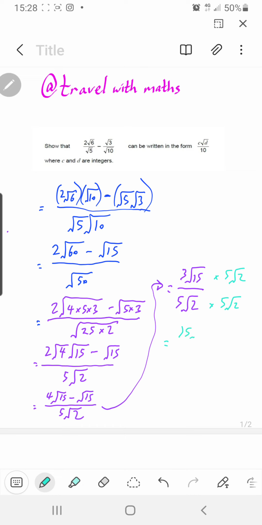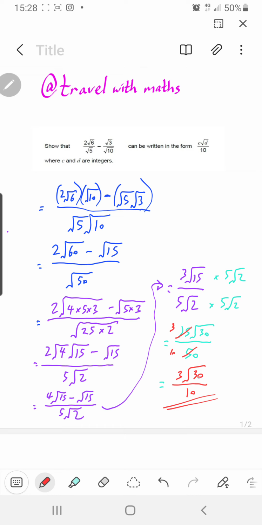Now, we don't like surds at the bottom, right? So rationalize this by multiplying above and below by 5 square root 2. Okay, so that would become 15 times square root 30, and this would become 25 times 2, which is 50.